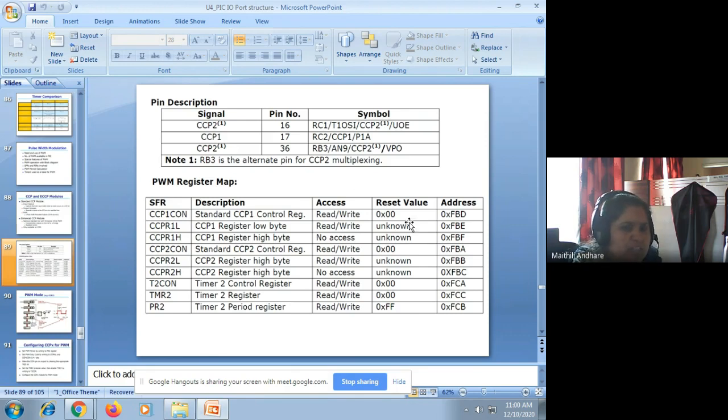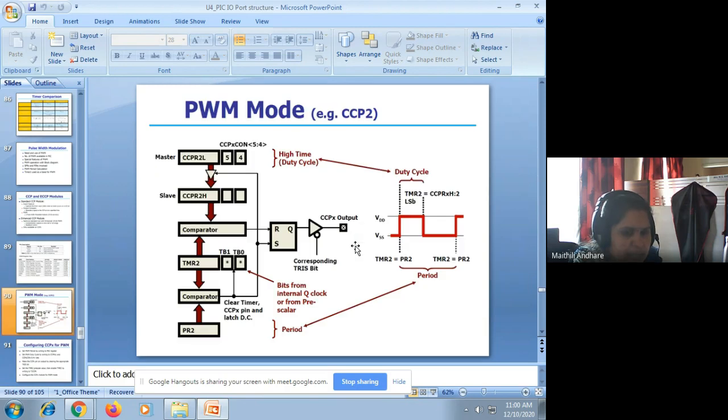Now we are concentrating on pulse width modulation. So we'll see the diagram, just see the flow. Now what should be the duty cycle of your PWM signal? That is decided by the CCPCON register, in which the fifth and fourth bits correspond to the duty cycle.